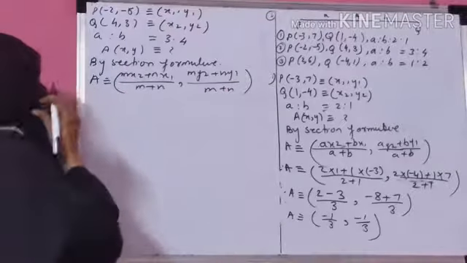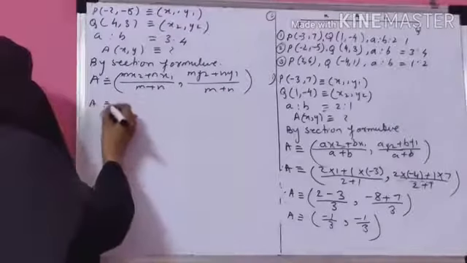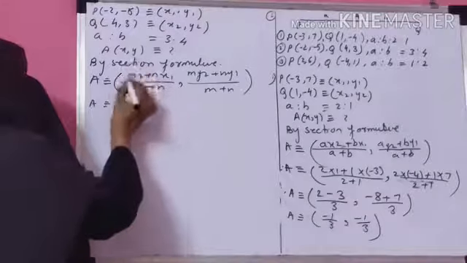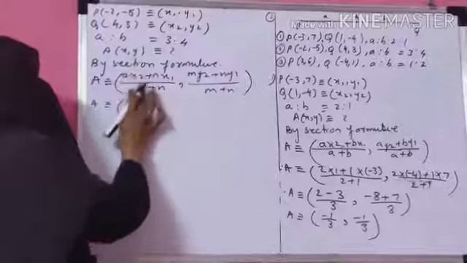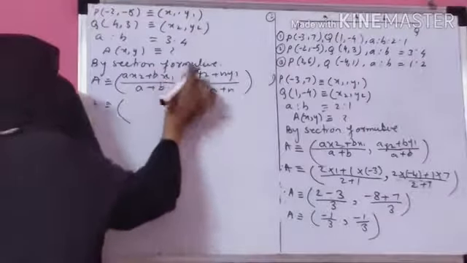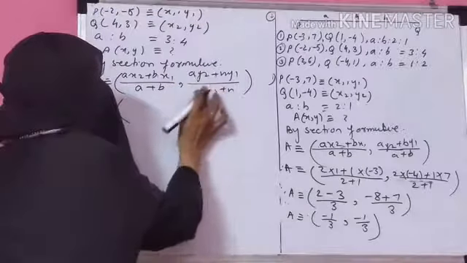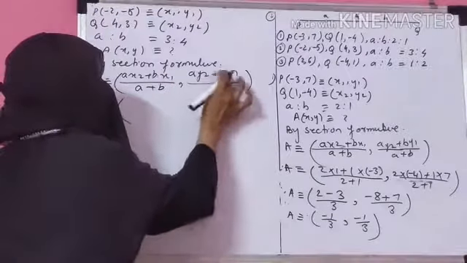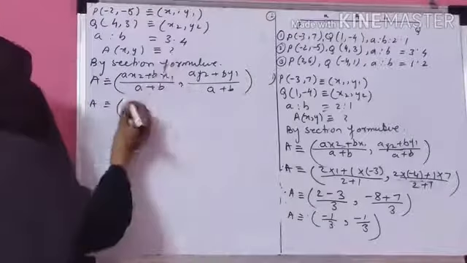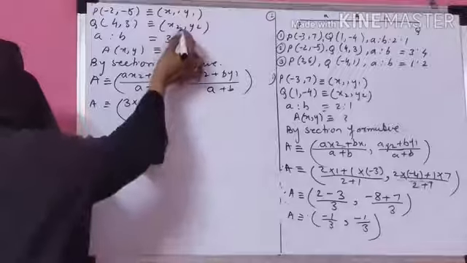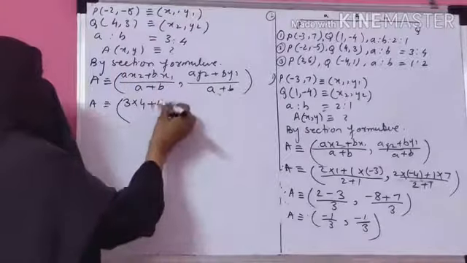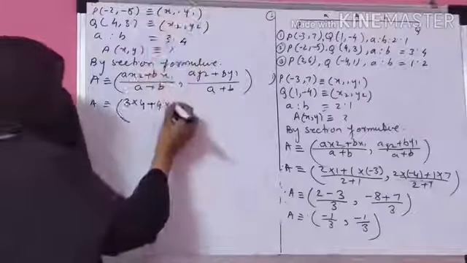Okay. Now substitute the values. Coordinate of point A: in place of m write a, in place of n write b. Okay. Now substitute the values. a here 3, into x2 you are having 4, plus b is 4 multiplied by x1 which is minus 2.